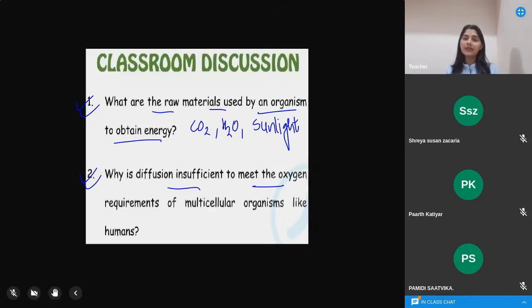But multicellular organisms have a large body, and diffusion is insufficient because each and every cell is not in direct contact with the environment, and it would be a slow process there. It does take place, but apart from this, there are more processes occurring. It's not the only process. Okay? So that's all for it.